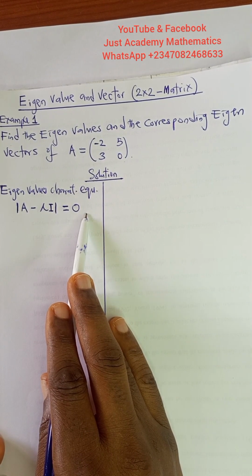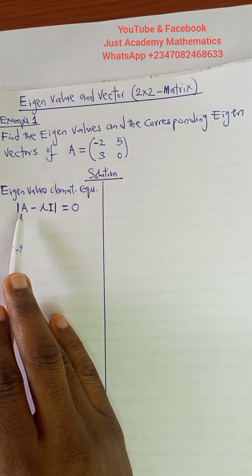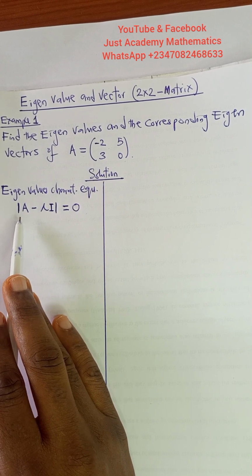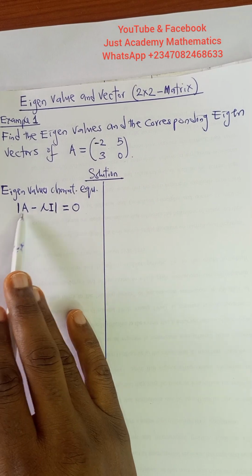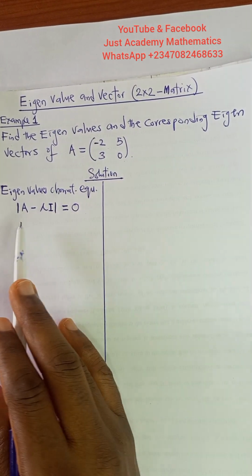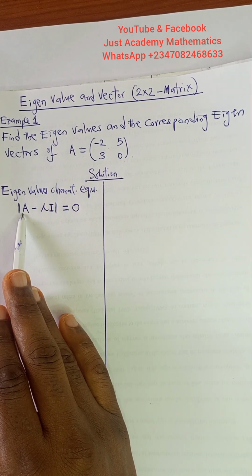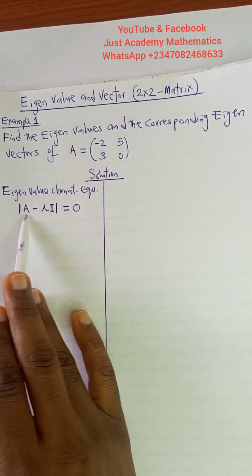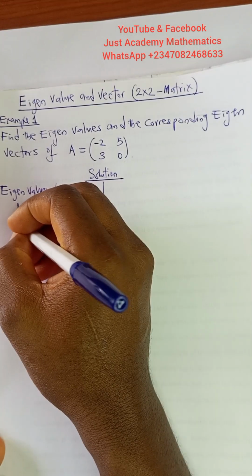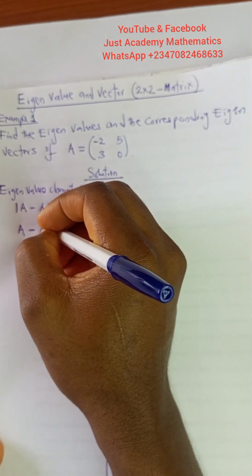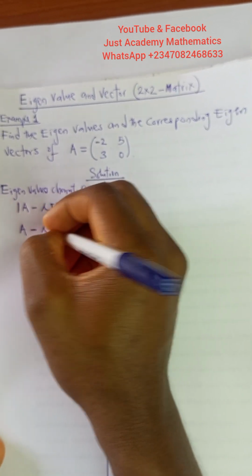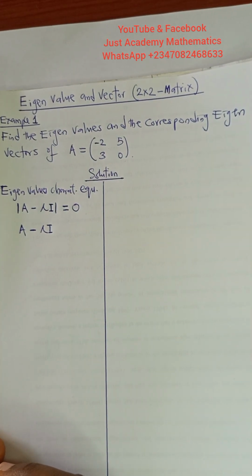Are you getting it now? This absolute value also stands for determinant, of course, you know. So let's first get the value of A minus lambda times identity.